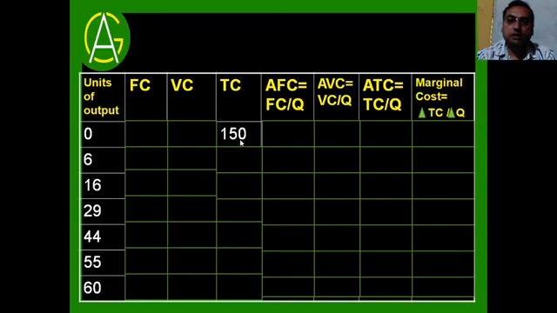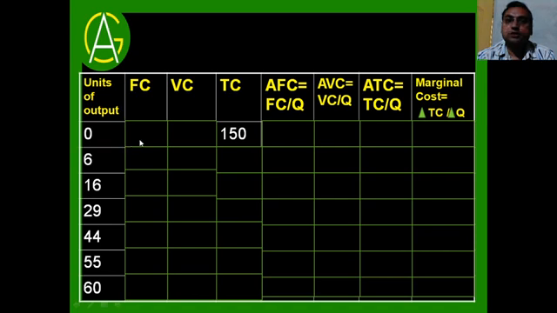What does this mean? It means that the total cost here at the 0 unit of output will be the fixed cost. Why? Because we know that at 0 unit of output variable cost is always 0. So whatever total cost is here, that will be our fixed cost.